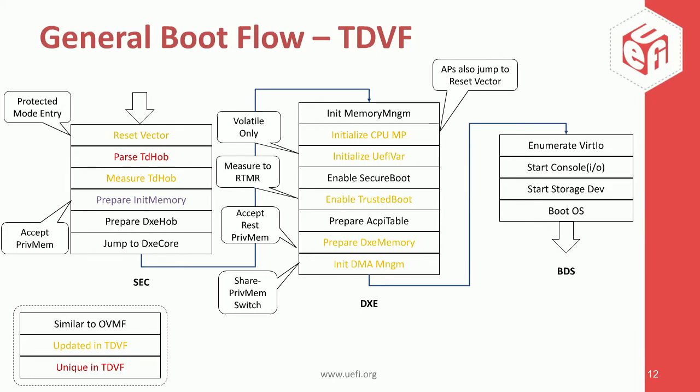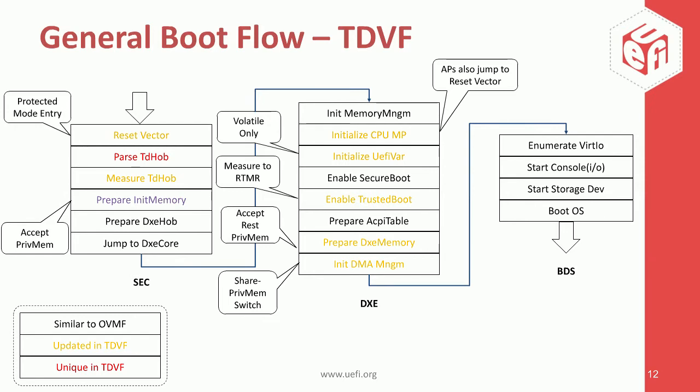For example, the guest physical memory location, the MMIO, etc. After the TDVF switches from the protected mode to 64-bit long mode, it parses the TD HOB header to get the size. Because the TD HOB is external input, the TDVF must measure the entire HOB to a TD runtime measurement register to support the trusted boot.